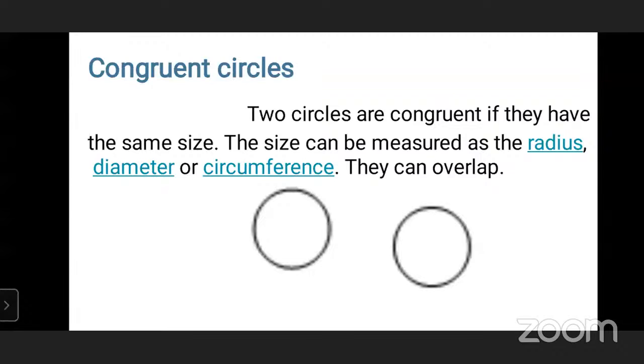And we want to find out the congruent circular things. It means if the dinner plates are the same, the circular portion or the circle of that thing is the same in measurement, then we can call it a congruent circle.